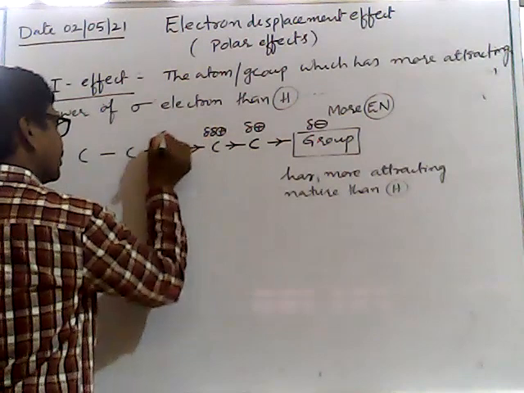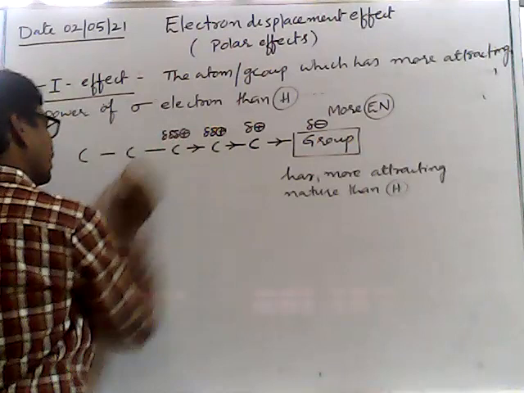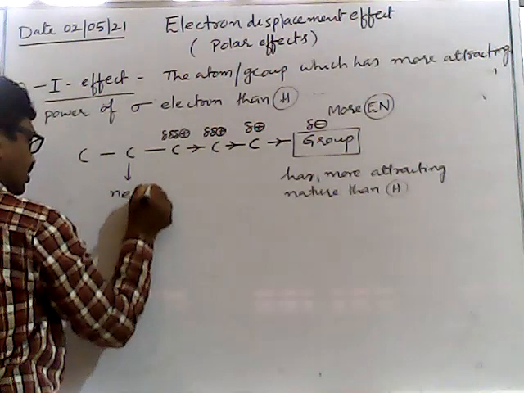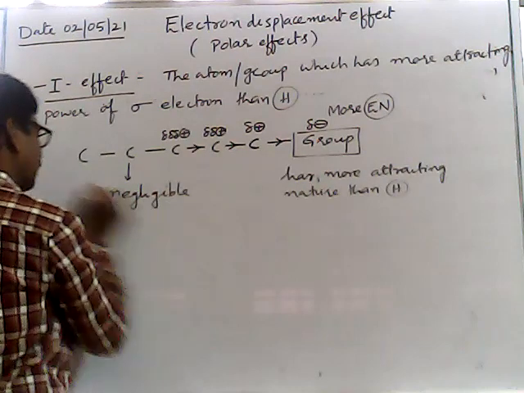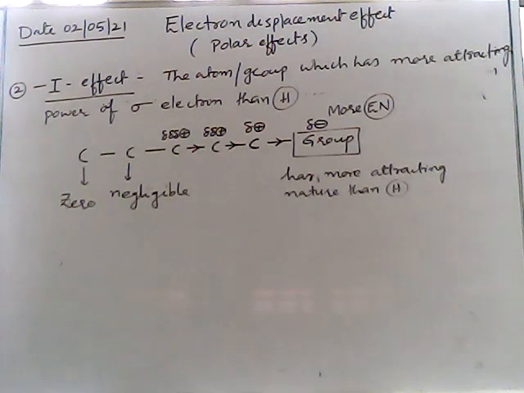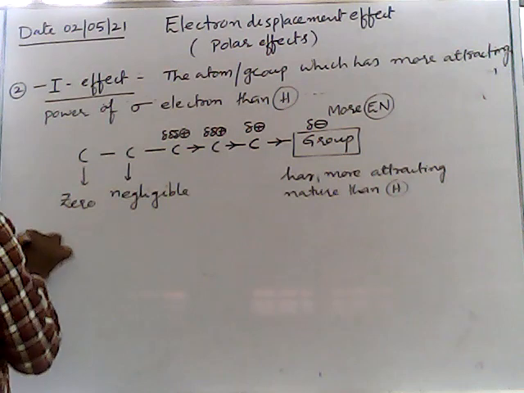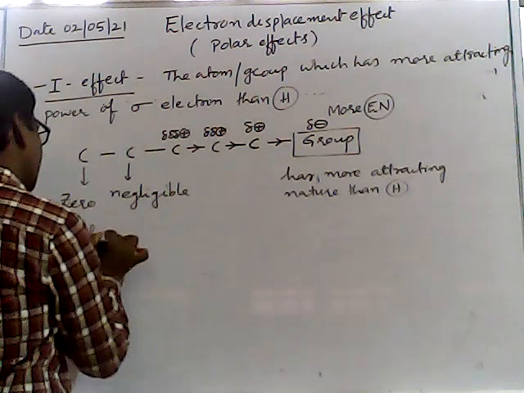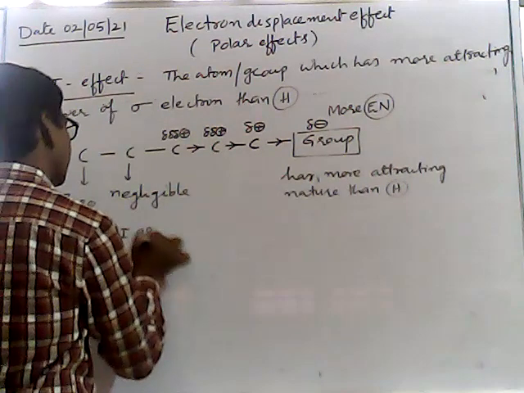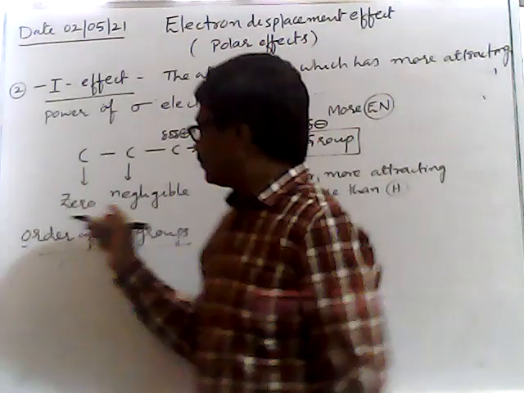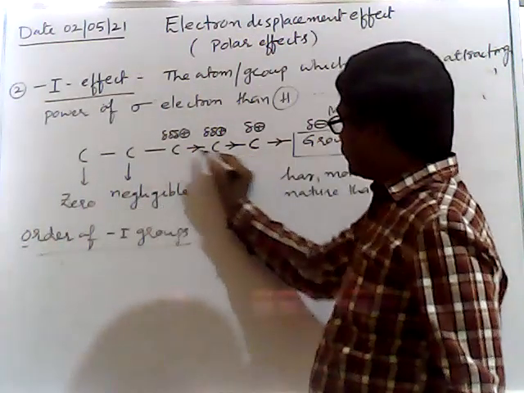Similarly, here the effect is negligible at the fourth carbon, and at the fifth carbon it is almost 0. So this is the schematic representation, and here also we should know the order. Many groups we have here, the order of minus I groups. One thing you can observe here: see this migration arrow mark.